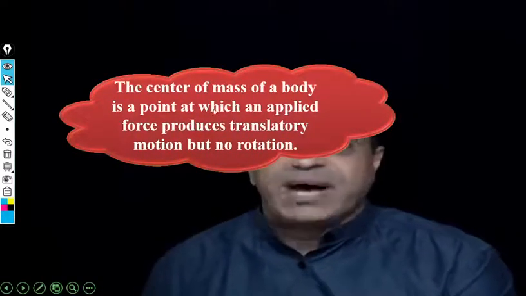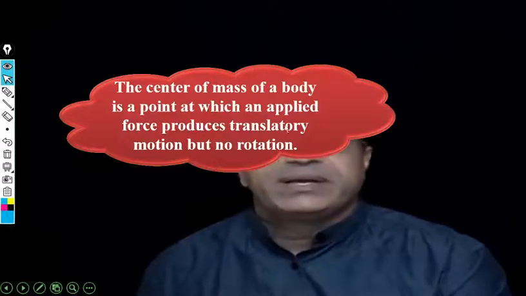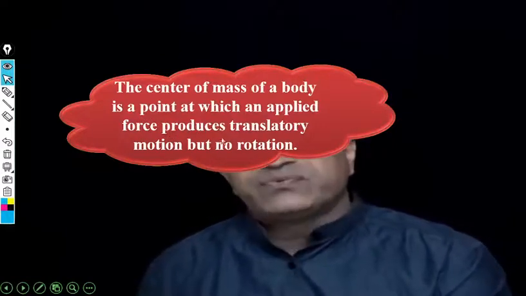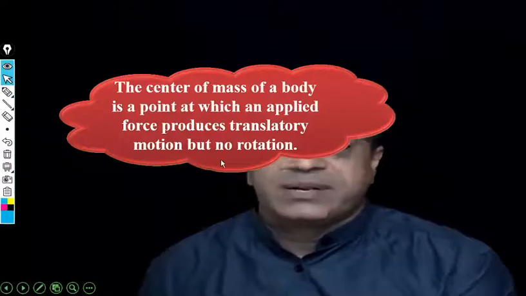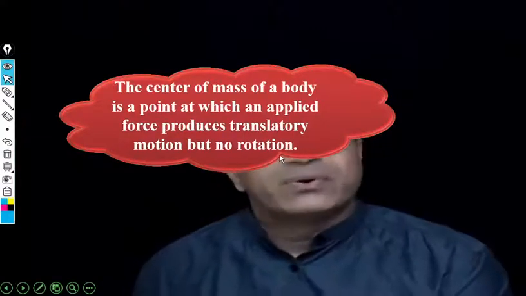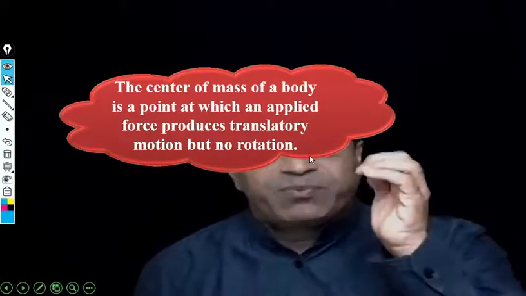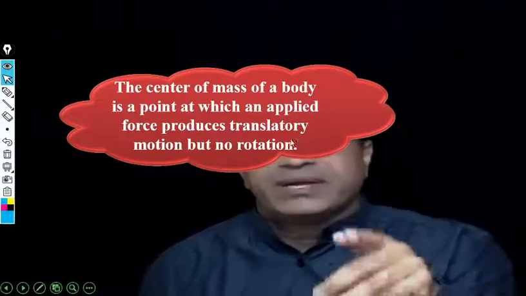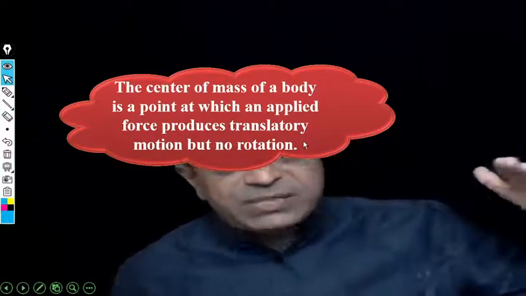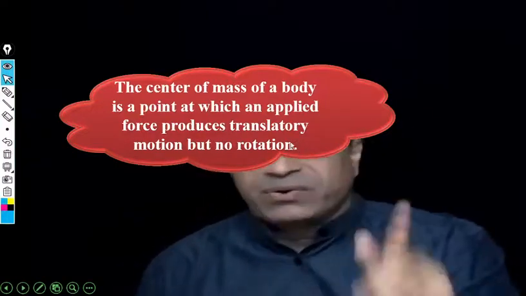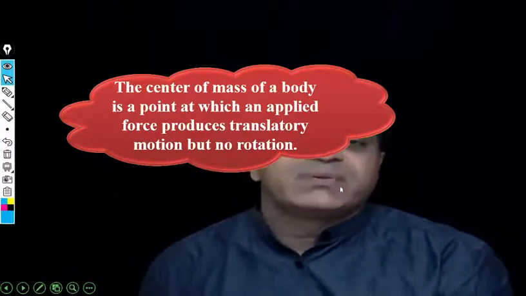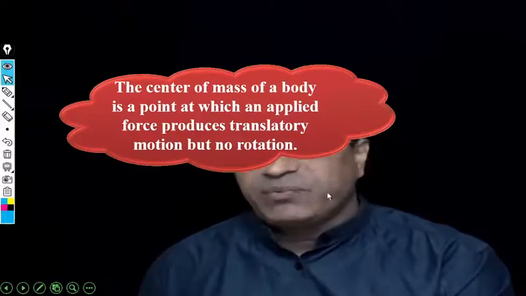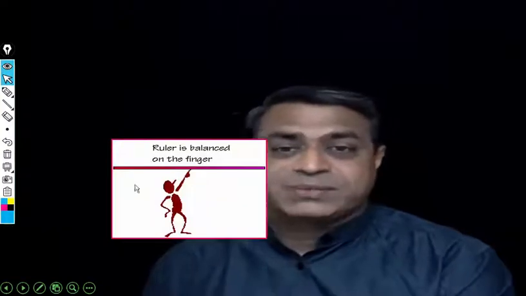The center of mass of a body is the point at which an applied force produces translatory motion and there is no rotation. It means this point is fixed. All other particles rotate about it, but this point is fixed. It means translational motion is possible, but rotational motion is not possible for that particular point. That point is called the center of mass.